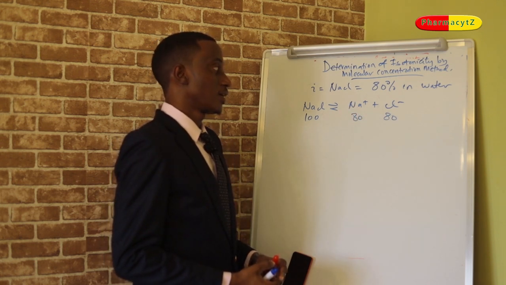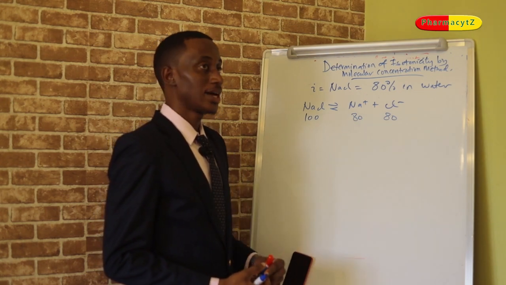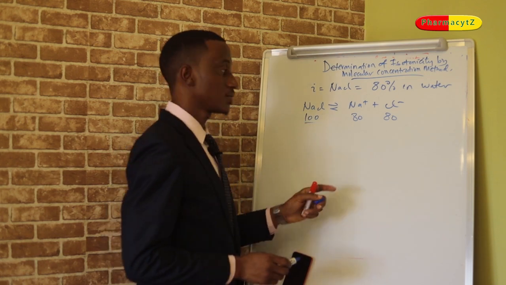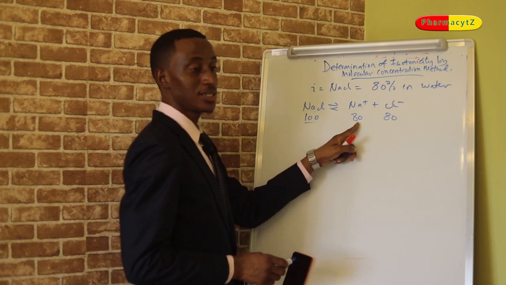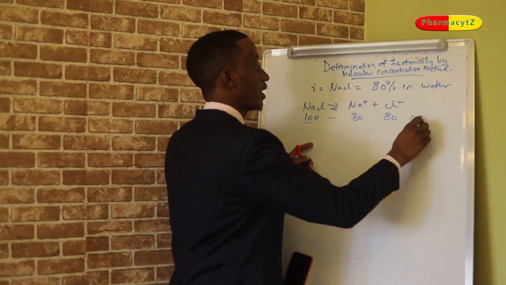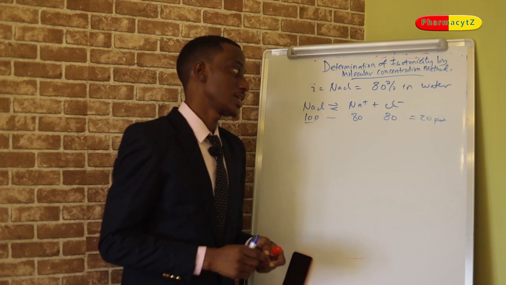We need to know the total particles which did not dissociate. Initially there were 100 particles and 80 dissociated, so 100 minus 80 gives 20 particles which did not dissociate.